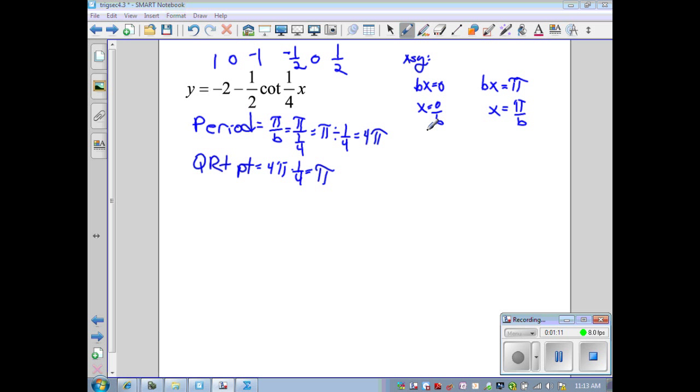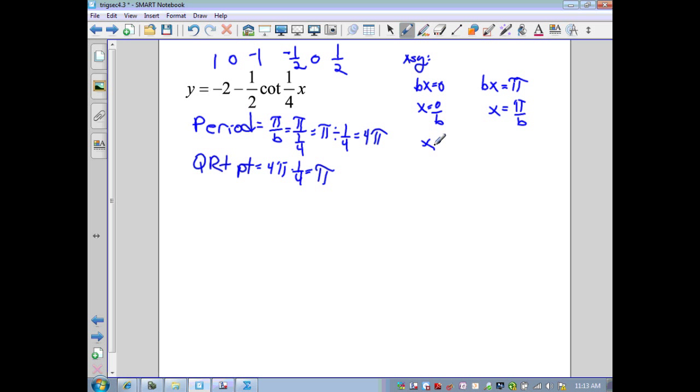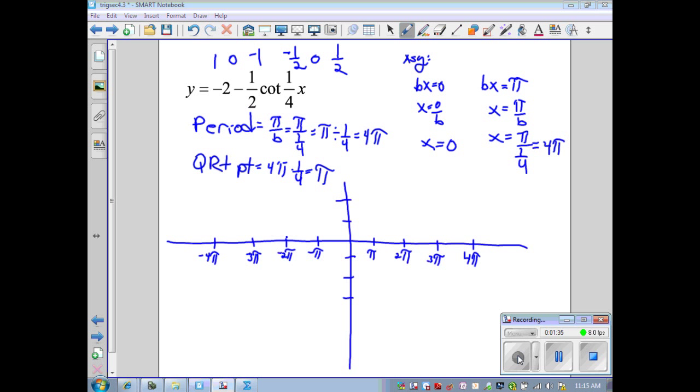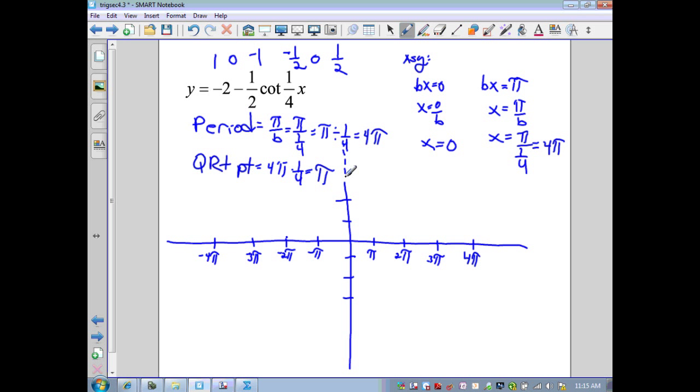Now we find the asymptotes using the formulas for cotangent. Here, x equals 0 over b, so 0 over 1/4 is still going to be 0, and x equals pi over 1/4. We already calculated that value for the period. This just turns out to be 4 pi. I set my coordinate plane using my quarter point. Now what I wanted to do is drop my vertical asymptotes and then graph the key points.